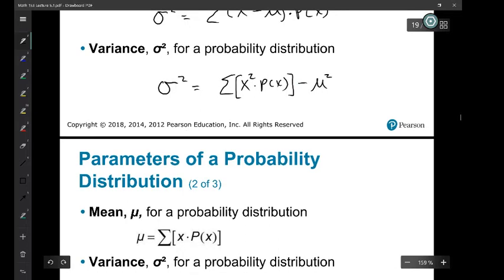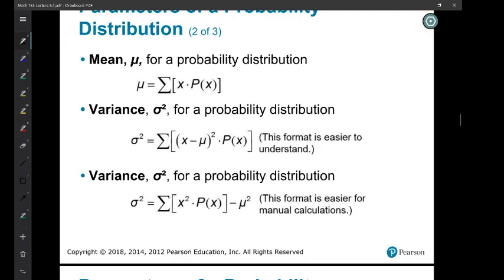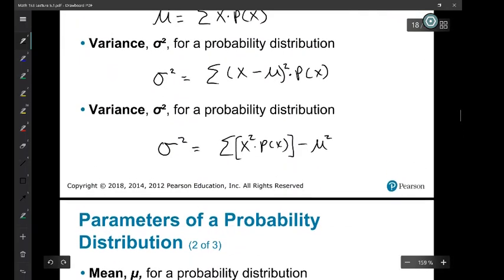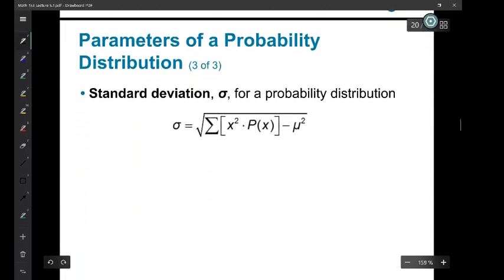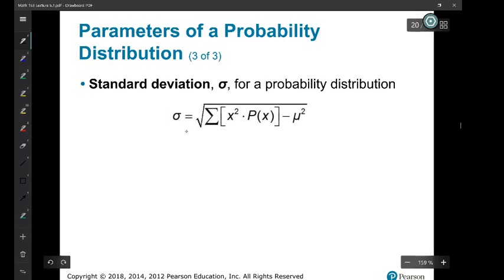This way you're only computing the square one time. And standard deviation is simply the square root of the variance.